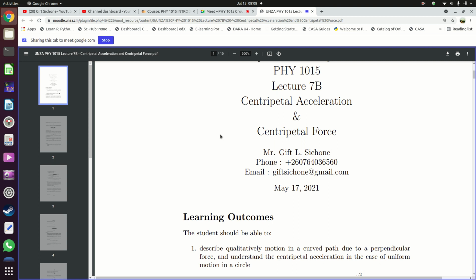When we talk about velocity, velocity is a vector. We can talk about acceleration in terms of a change in the magnitude of the velocity. But it's also possible to talk about acceleration in terms of a change in direction. Now, when we talk about centripetal acceleration and centripetal force, we are talking about an object whose velocity magnitude is the same, but the direction is changing.